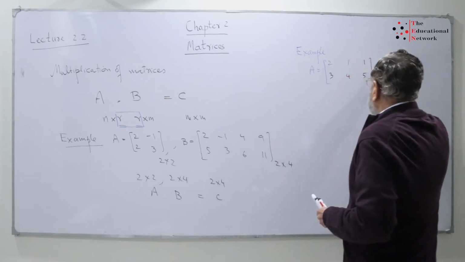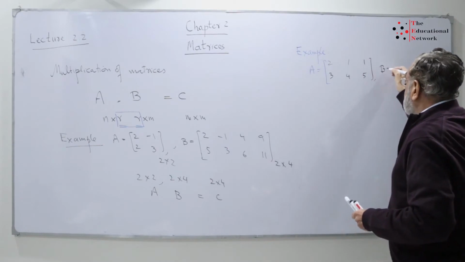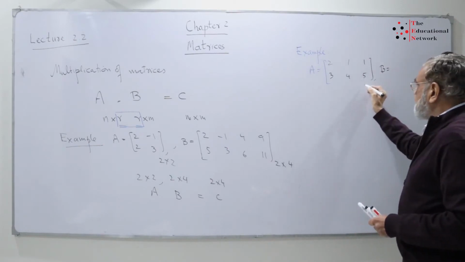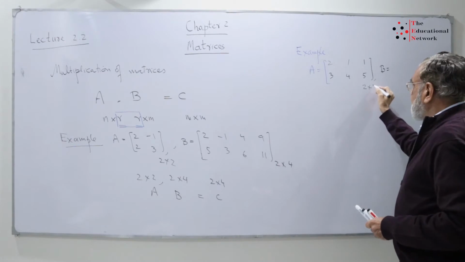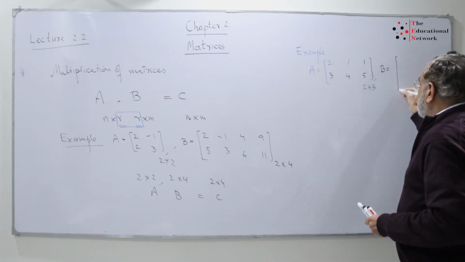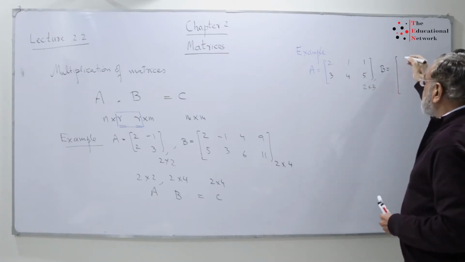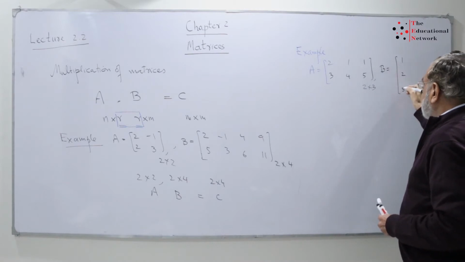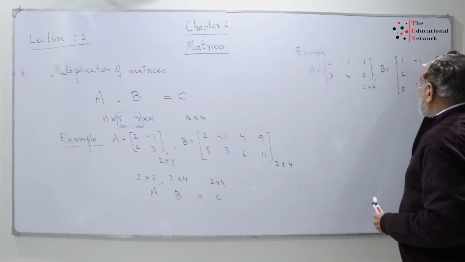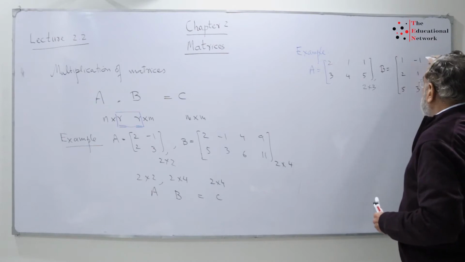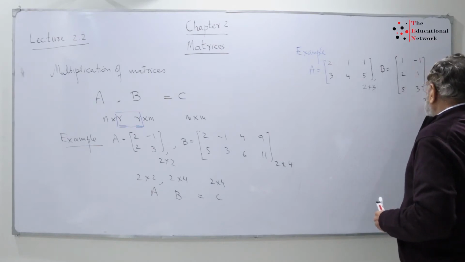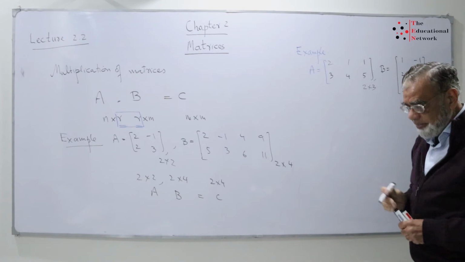This is my matrix A. I take matrix B. Now you can see this is 2 rows and 3 columns, so matrix B will have 3 rows. Here it is 1, 2, and 5, and the second is minus 1, 1, and 3. So this is 3 rows and 2 columns. I can multiply it.